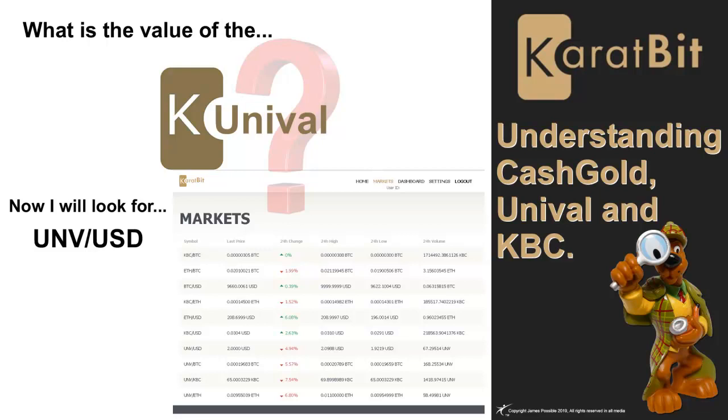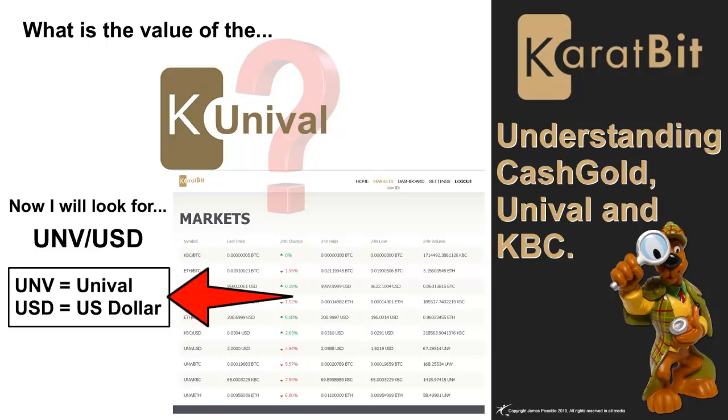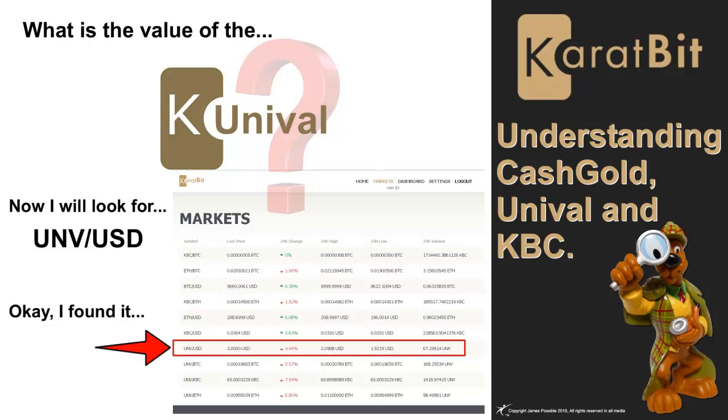So let's look down the symbol list, and you can see it's down towards the bottom. We're looking for UNV, USD. And there it is. Down towards the bottom you'll find all the UNV because it's sorted alphabetically. Well, maybe it's not. I thought it was. No, I guess it's not.